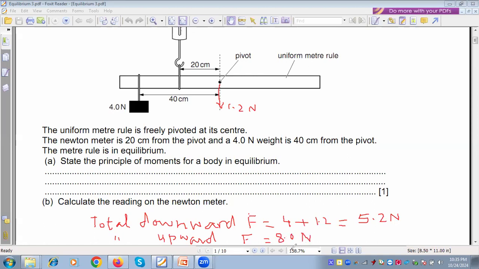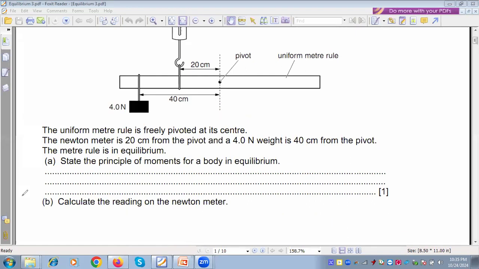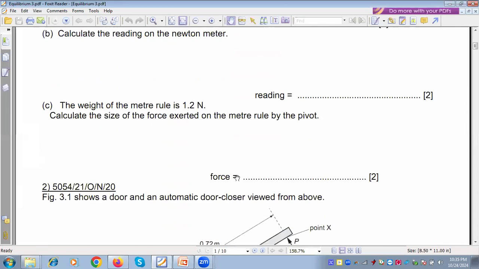What is the difference if we check? 8 minus 5.2 comes equal to 2.8 Newton. So this will be a 2.8 Newton force acting in the downward direction, so that the total resultant force will be 0. So now total upward force is equal to total downward force. This is the answer which is to be written here, that is 2.8 Newton.